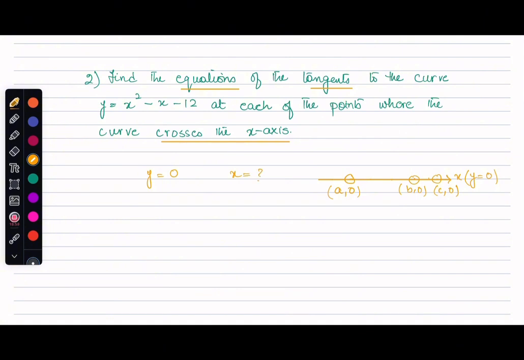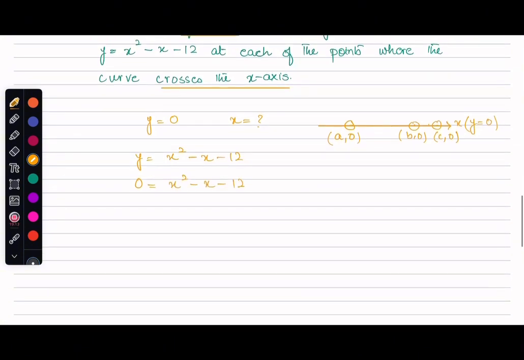So if the curve equation given to us is y equals x squared minus x minus 12, and here my y is 0, so I can say it's x squared minus x minus 12. Solving this equation, I should be getting x squared minus 4x plus 3x minus 12, which shall be equal to 0.